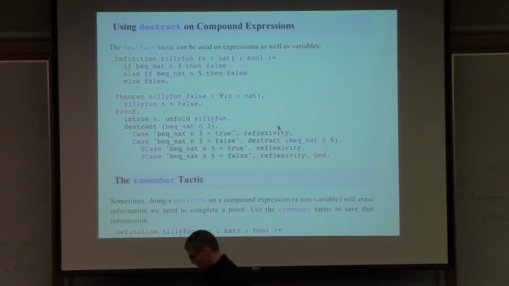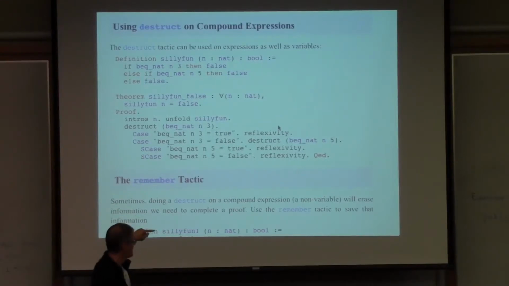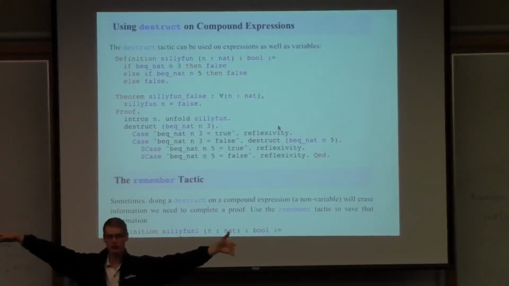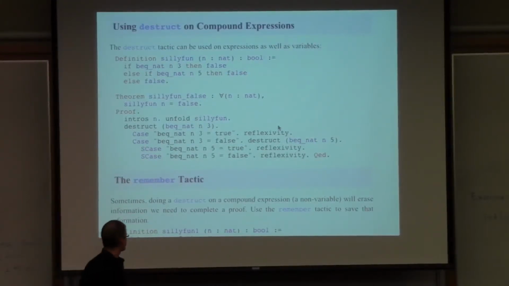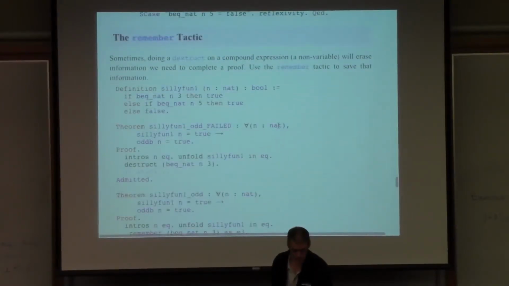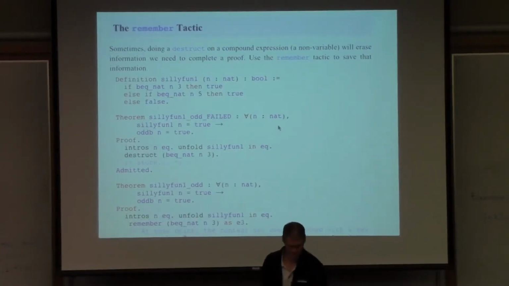Typically, that's not the case. Typically, what we'll need is to know that BEQNAT N3 is equal to true without actually throwing away that expression. And the way that we achieve that is by a tactic called remember.